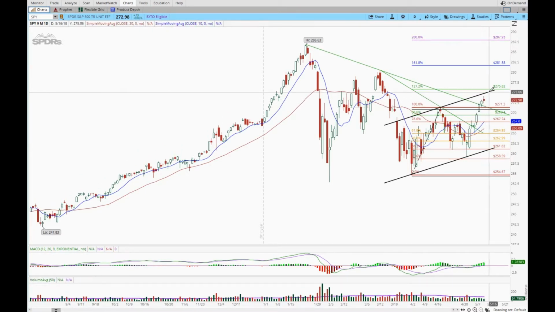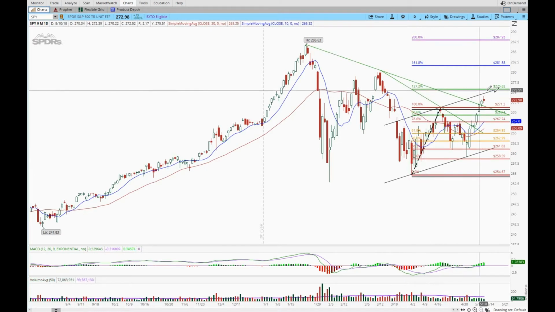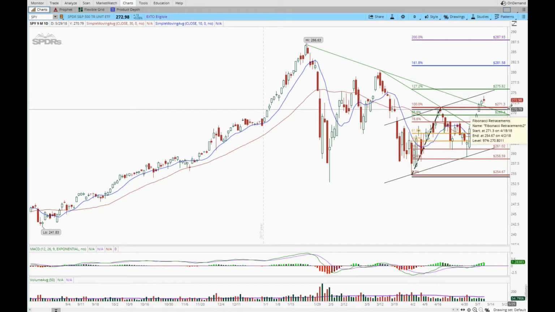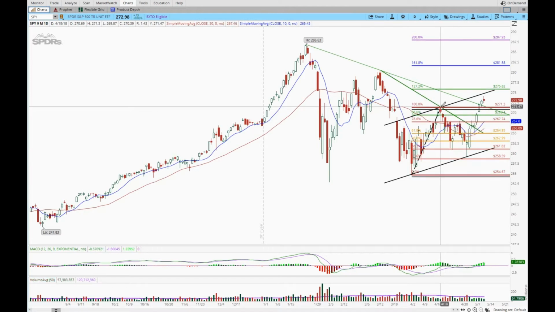entered this extension area. So the next level would be the 127.2 Fibonacci level at 275.80. So it already passed the 271.3 high.